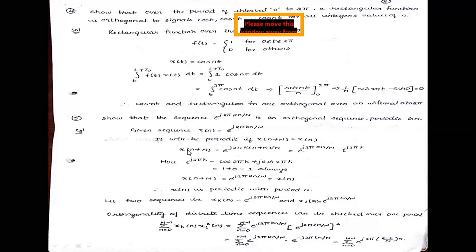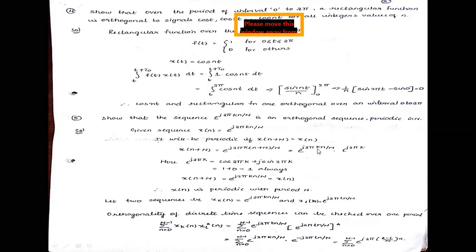So now I am taking here x of small n plus capital N is equal to e power j 2 pi k, replacing the small n as n plus capital N, whole divided by capital N. In that n, I am taking n plus capital N. Okay, so the base is same, having the powers of the two terms.